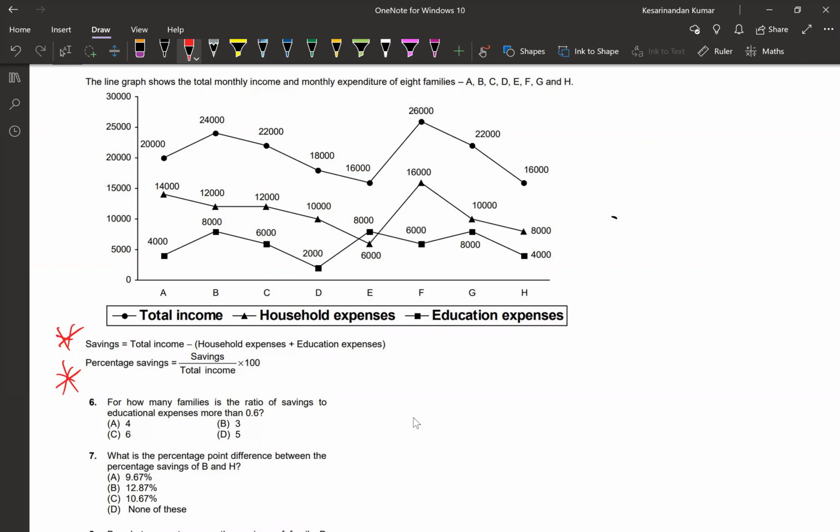Give me the correct answer for sixth as well as seventh. Seventh is quite easy. Sixth one is a bit calculation intensive, that's it. Yes, Manideep, seventh is correct.